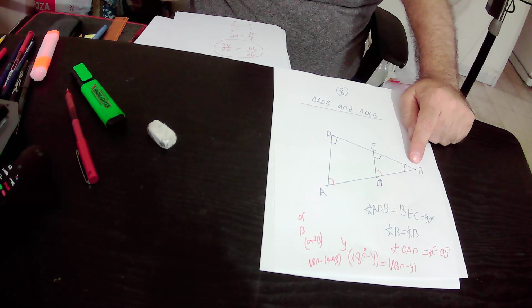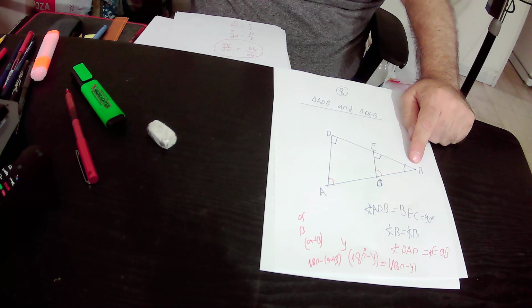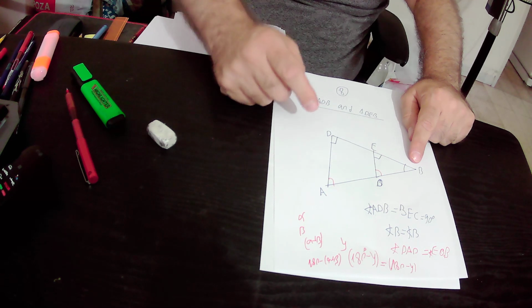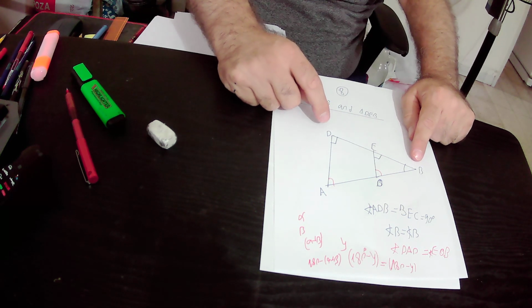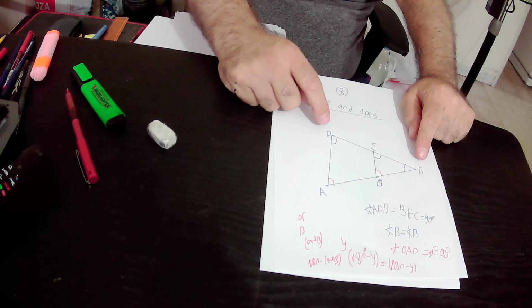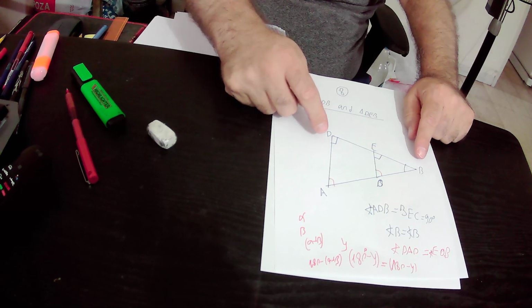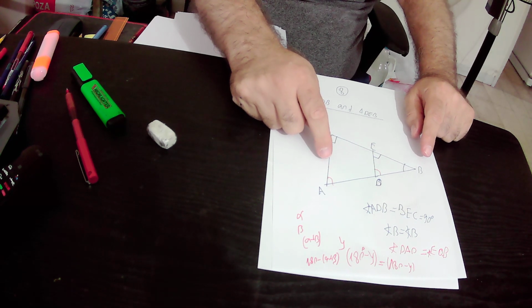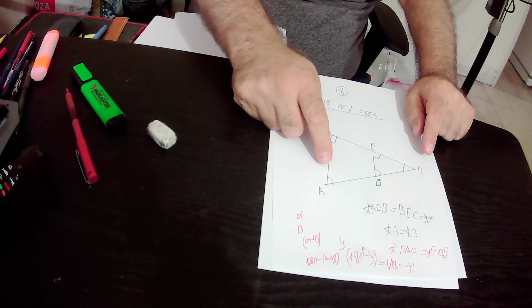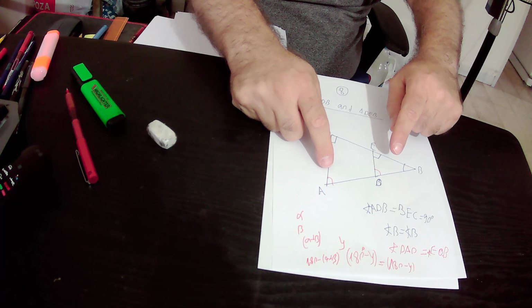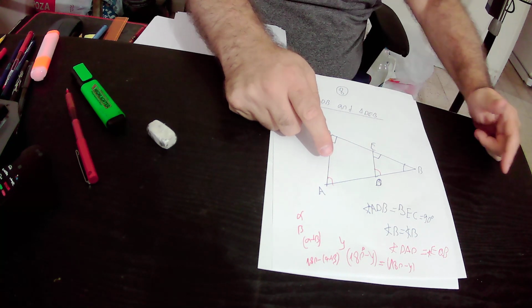Therefore, the third angle must also be equal in both triangles, because it completes the sum of the angles to 180 degrees. And if, for example, the sum of the two angles is y, then 180 degrees minus y will be the size of the third angle for the first triangle, and it will also be 180 degrees minus y for the small triangle.